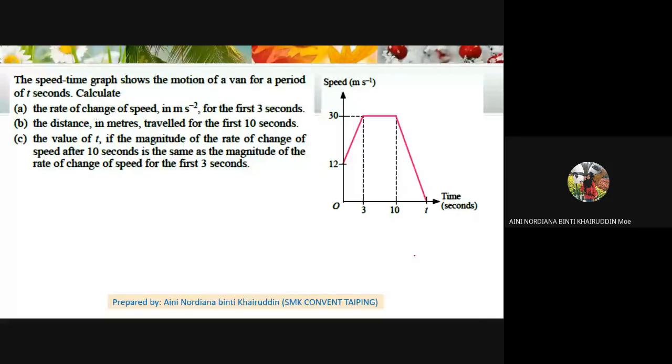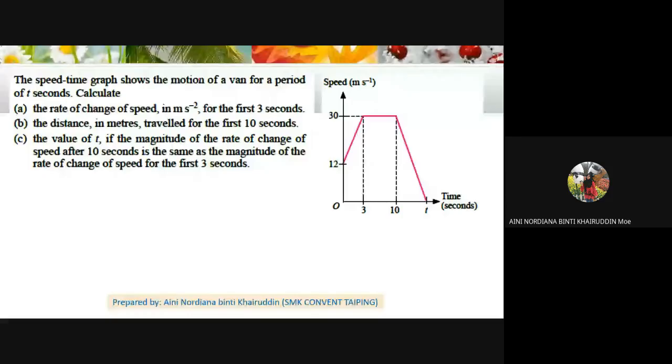Okay, next example. Calculate the rate of change of speed in meter per second square for the first 3 seconds.